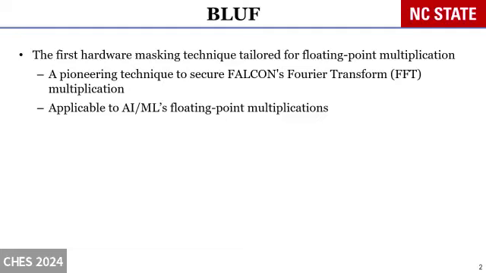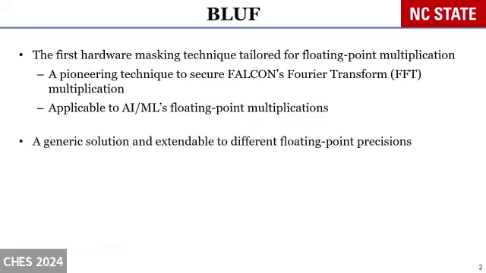This is not just applicable to Falcon, but also can be used in AI/ML applications. We propose a parametric hardware that can work on different floating point precisions, although the Falcon algorithm uses double precision, so our hardware is tuned for that.